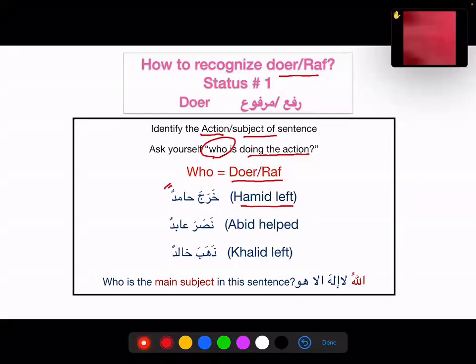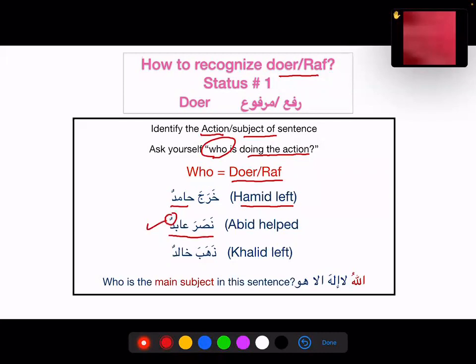I should be saying kharaja Hamidun, Hamid left. So this un sound is telling me that Hamid is the doer of the action. In the second example, I say Nasara Abidun, so Abid helped. Abidun is telling me that Abid is the doer of the action.